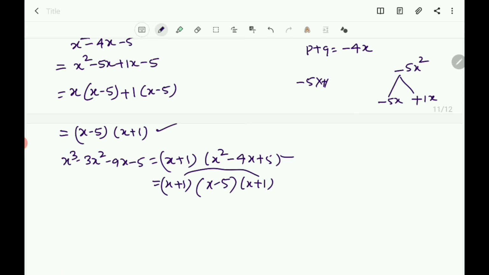And here the same factors are there, so you can write x plus 1 into x plus 1 as x plus 1 whole square into x minus 5. In this way we got the factors of x cube minus 3x square minus 9x minus 5. The first factor you got by the factor theorem, and next by the long division method you got the second factor. Again that second factor can be factorized by splitting the middle term to get two more factors.